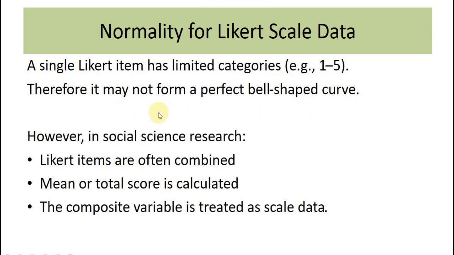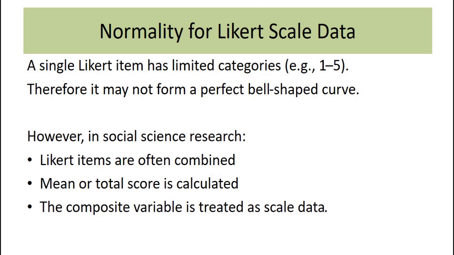If we want to check normality for Likert scale data, first we have to combine our Likert scale data. For example, if I ask multiple questions for a single aspect, like the factors affecting brand preference, this is one concept, but 3 or 4 questions may be asked related to this concept.